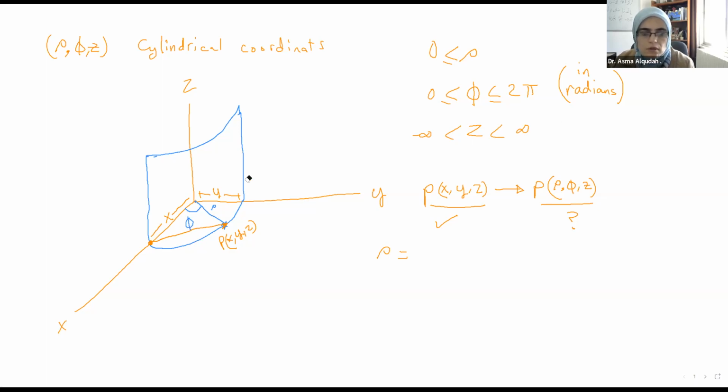Let's move the point a little bit to make the drawing more accurate. So the point P should be here. This is P in x, y, and z, and this distance is y. And rho should be the vector or the distance between the origin and the point P.